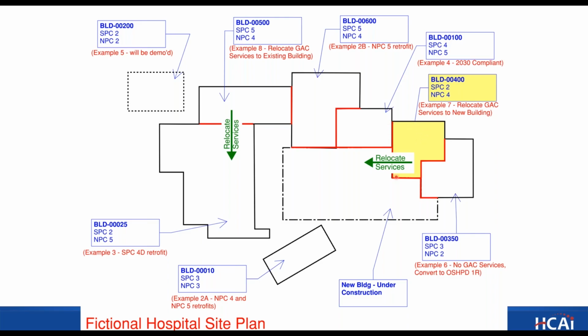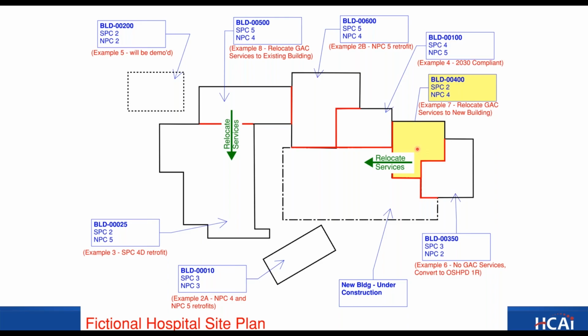And this also may have some additional construction, because when you move services, there's inevitably going to be some kind of demo or construction to move the equipment, move the services, or maybe make ready for the next service or whatever is going to come behind.